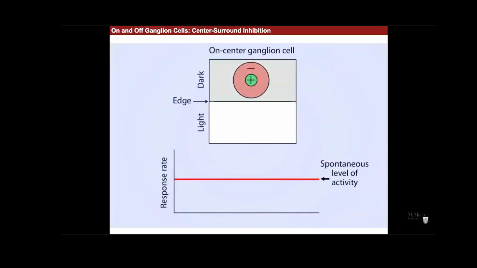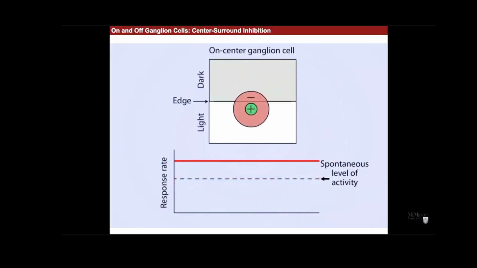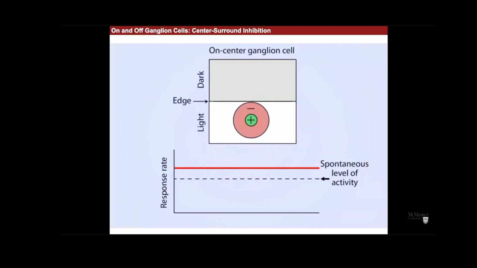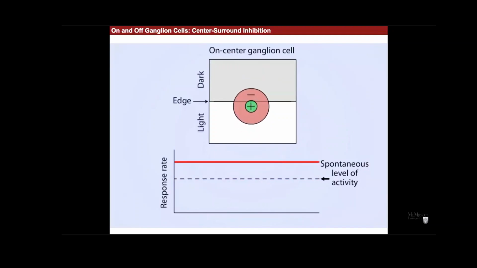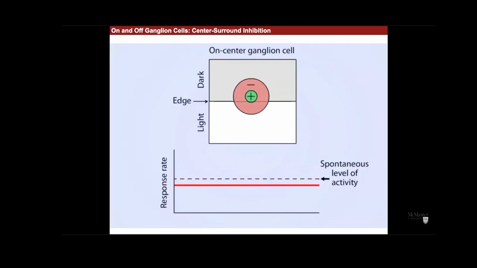To understand the importance of luminance contrast, let's see what happens at the boundary between light and dark regions. Note how the response rate changes depending on the position of the receptive field. By combining information from adjacent receptive fields, the brain can thus construct information about edges and ultimately shapes.